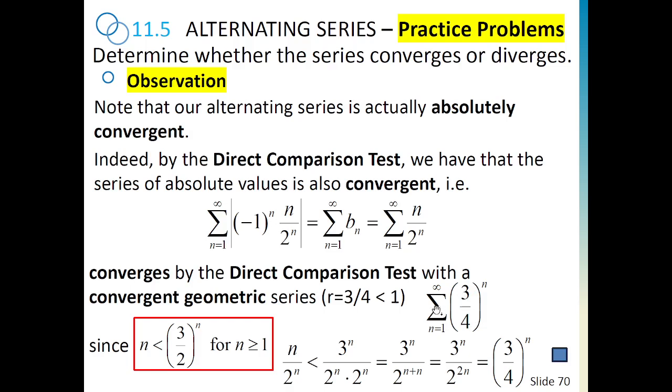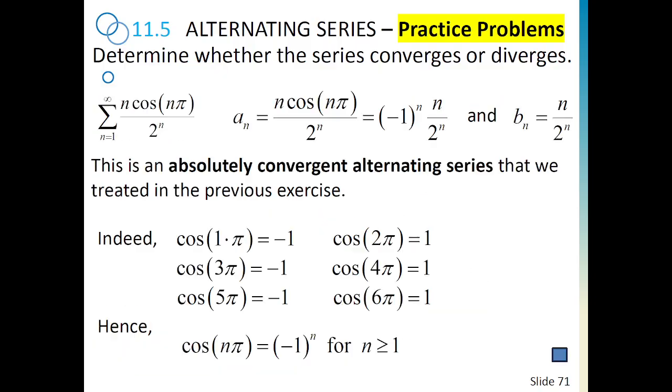Therefore, by direct comparison, this series is also convergent. Therefore, we could conclude that our original alternating series is absolutely convergent. But again, this is more creative, and requires more work. That's why I put it here just as an example to show you that sometimes you need to be creative in creating comparisons.